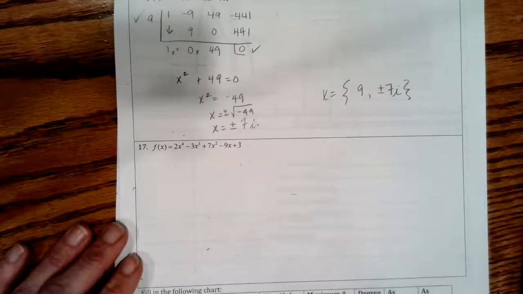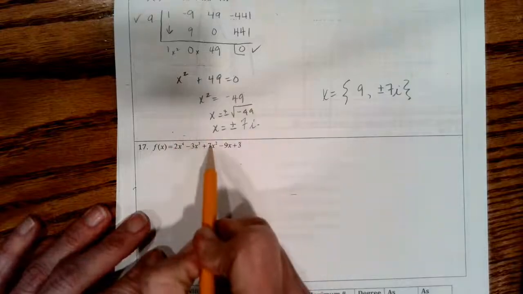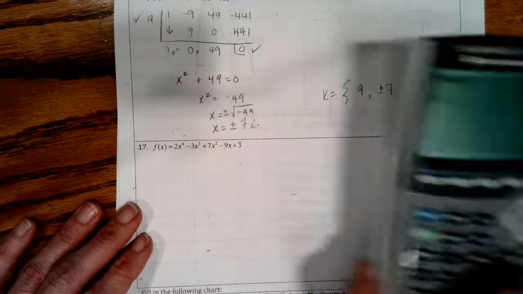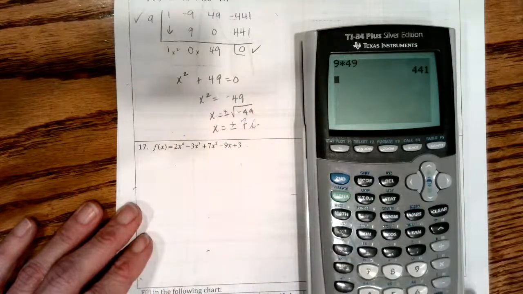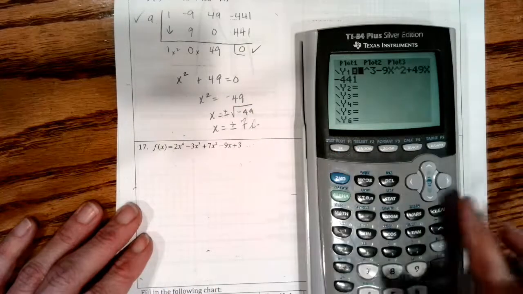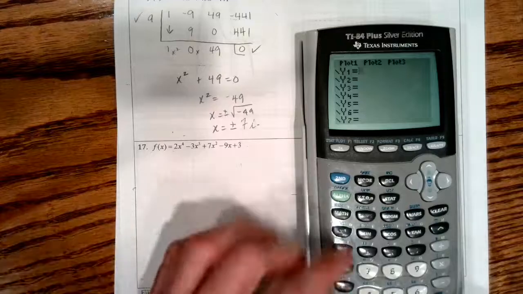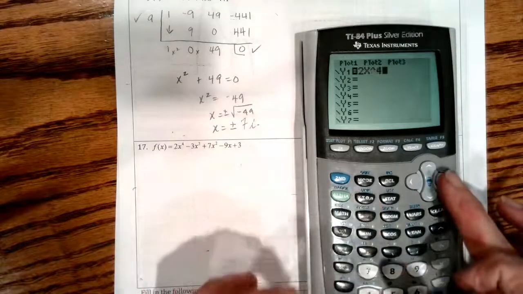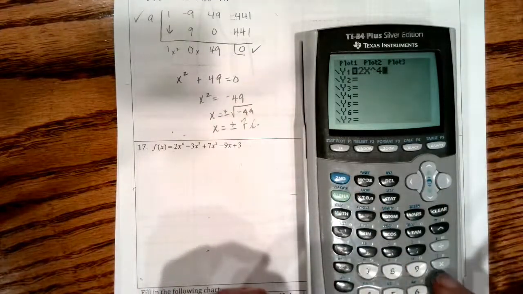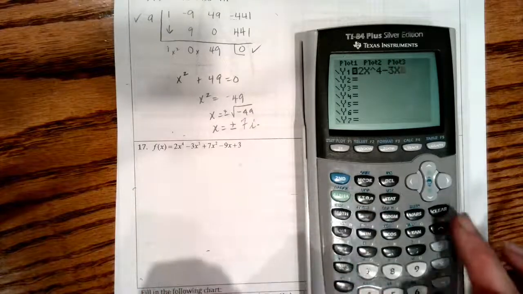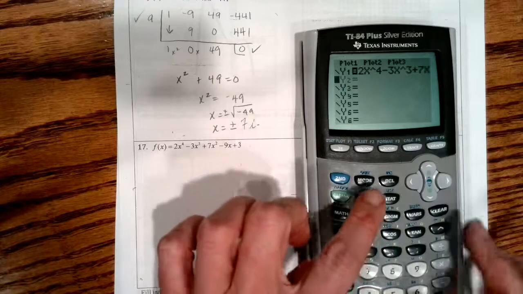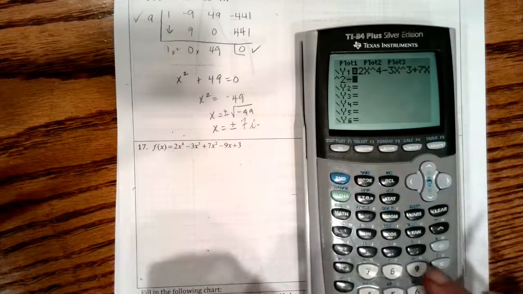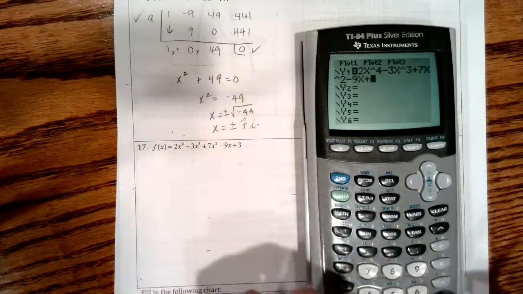Alright, next up. I have a 4, 3, 2, 1. Nothing to factor out. I can't factor a 3 out. So I'm going to enter this into my graphing calculator: 2x to the 4th power minus 3x to the 3rd plus 7x squared minus 9x plus 3.